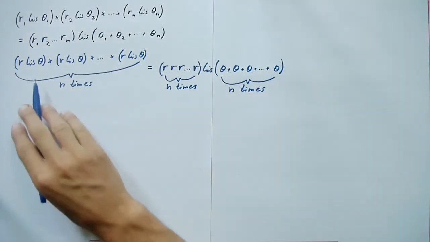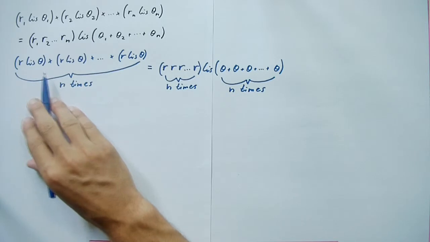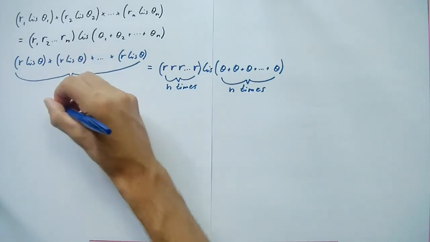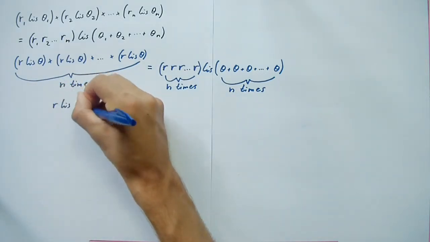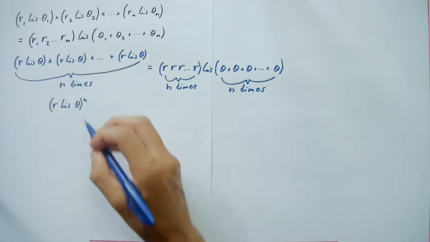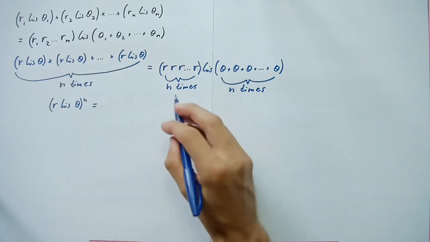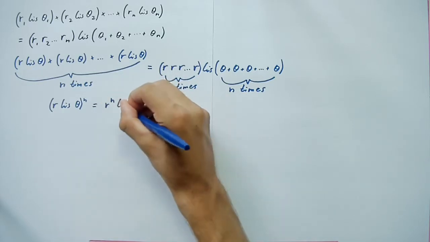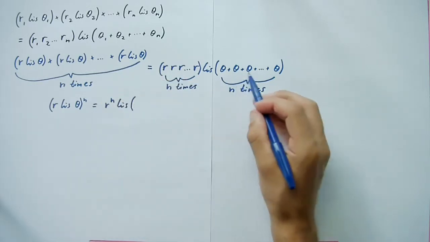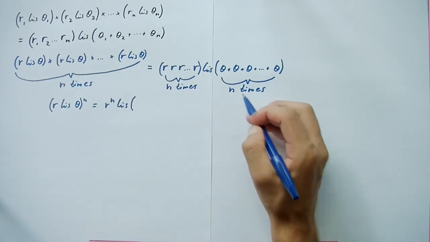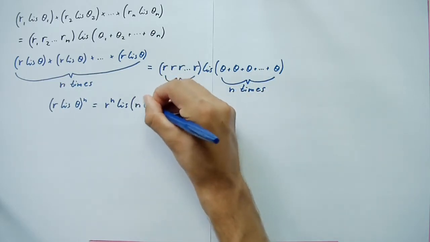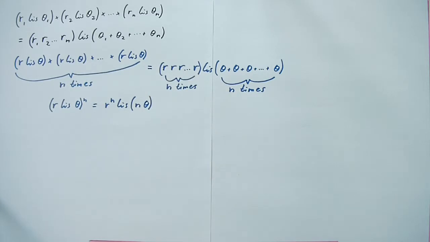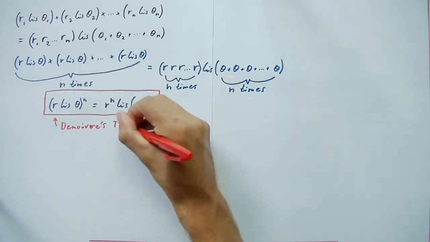Now here we have r cis theta multiplied n times, so this is simply (r cis theta) to the power of n. And that's going to be equal to r times r times r, n times, which is likewise r to the power of n, times the cis of theta plus theta plus theta, n times, which is simply cis of n times theta. And that's it. That is De Moivre's theorem.